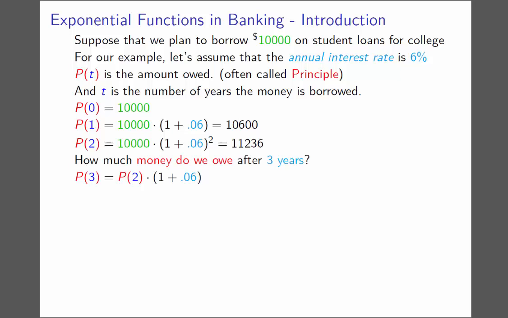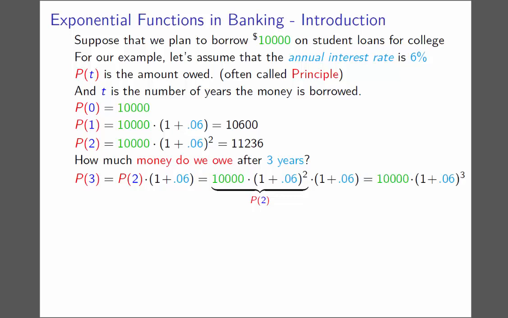P of 3 is going to be P of 2, what we owed at the end of the second year, times (1 plus 0.06) again, which gives us 10,000 times (1 plus 0.06) squared, which is P of 2, times another factor of (1 plus 0.06), which gives us 10,000 times (1 plus 0.06) cubed. So P of 3 is 10,000 times (1 plus 0.06) cubed.